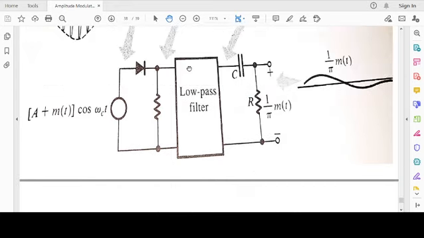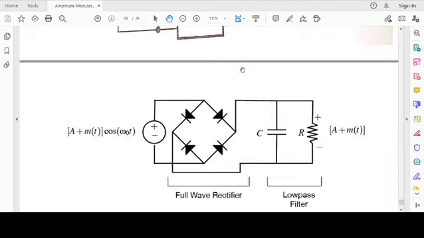In many cases, you may play around with this instead of using a pure low pass filter. You may try a transformer coupling to just block the DC and not reduce the high frequency components.